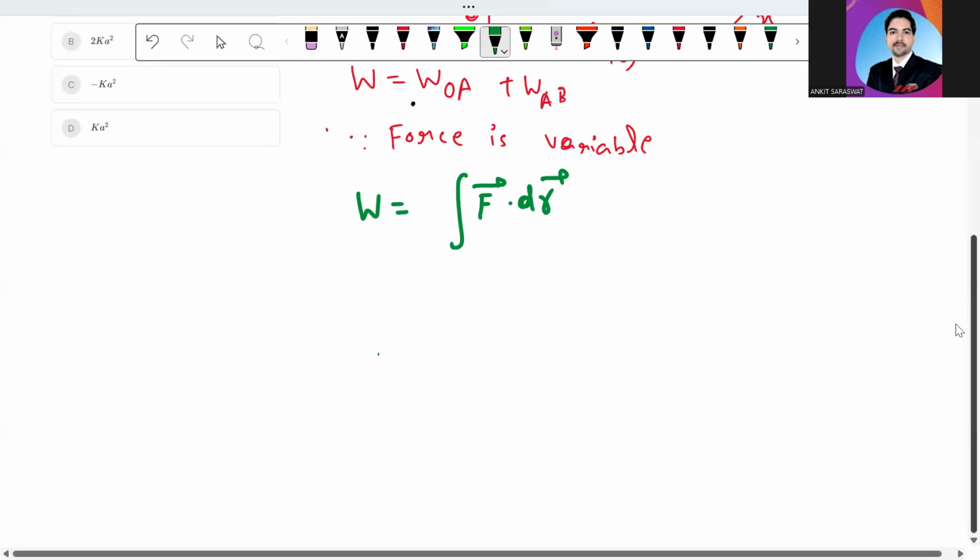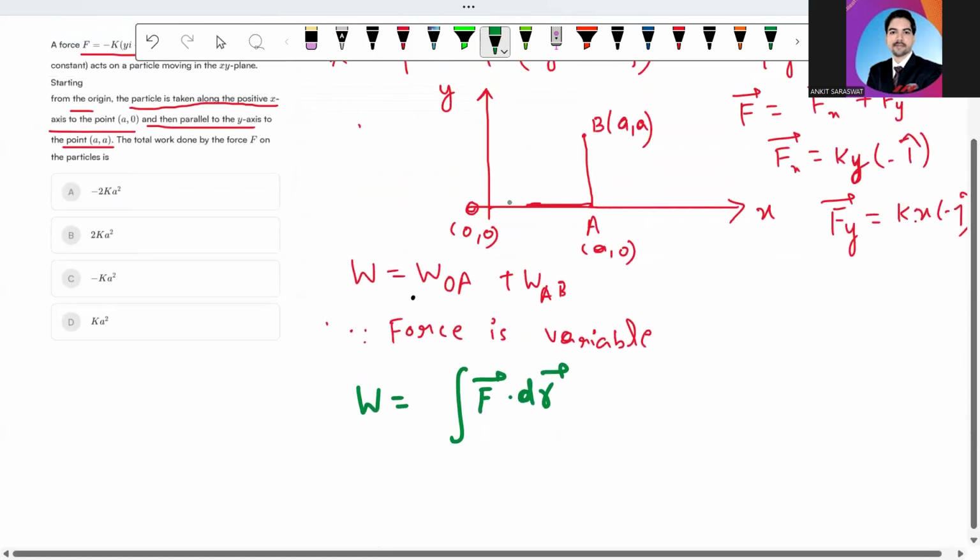So from O to A, displacement is acting along the x-axis, and you can see Fx. Fx is what? Its magnitude is Ky, direction is minus i. Clear?